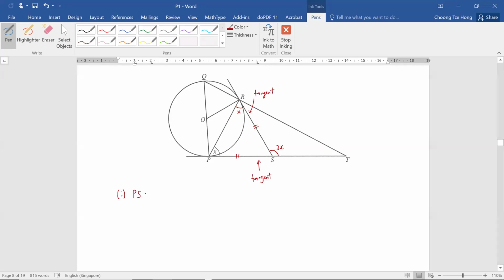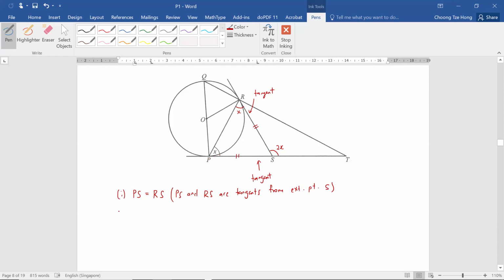PS equals RS, because PS and RS are tangents from external point S. Since PS is equal to RS, triangle PRS is isosceles, and angle PRS will be equal to angle RPS.